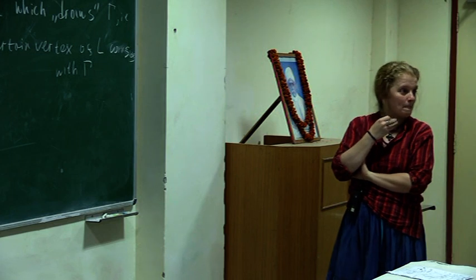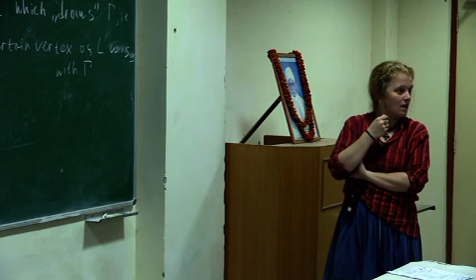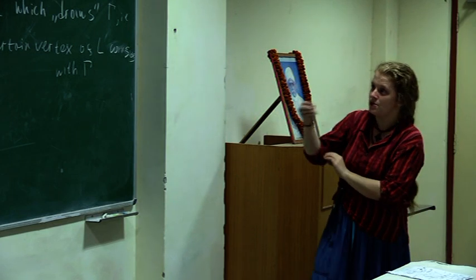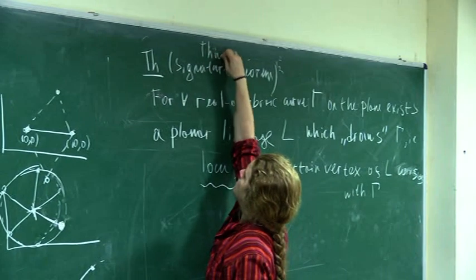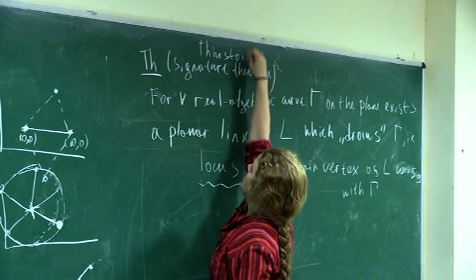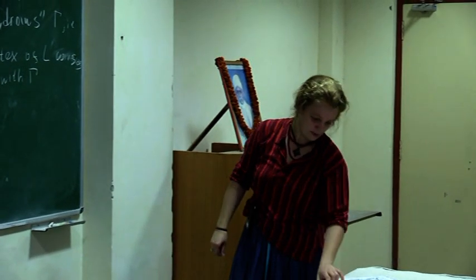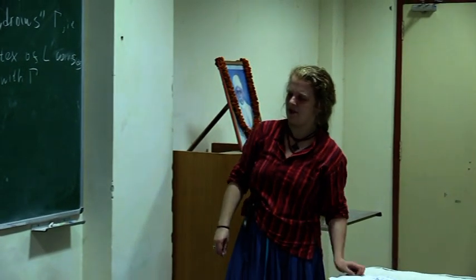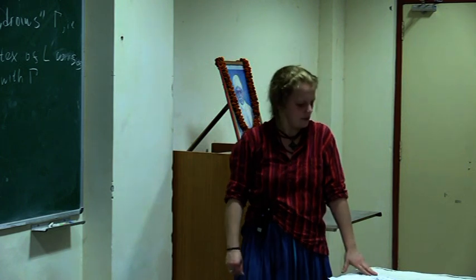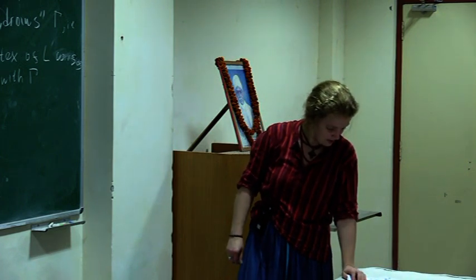So this was constructed by Thurston. This is Thurston's universality theorem. It was formulated in this way by Thurston. And the whole proof... I forgot the names.